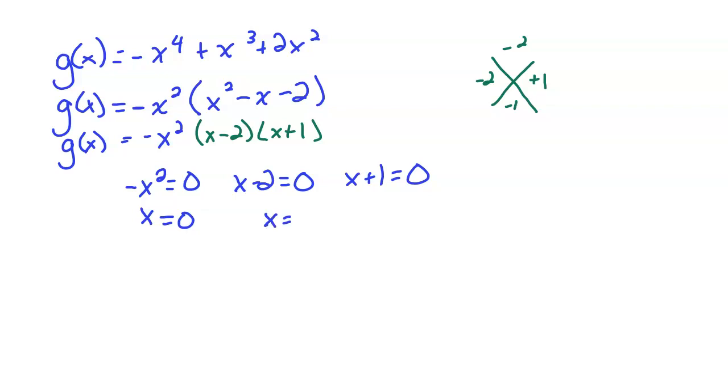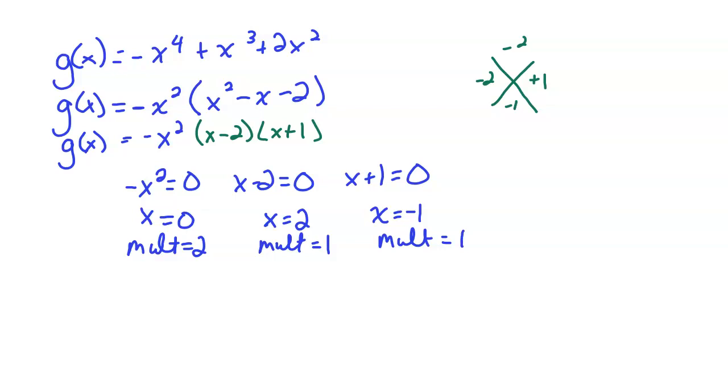This will give me x is equal to a positive 2, x is equal to a negative 1. My x equals 0 actually has a multiplicity of 2. X equal to 2 has a multiplicity of 1. And x equal to negative 1 has a multiplicity of 1.